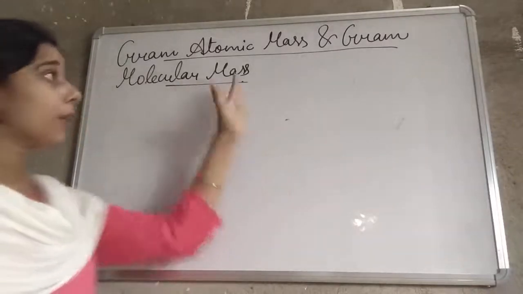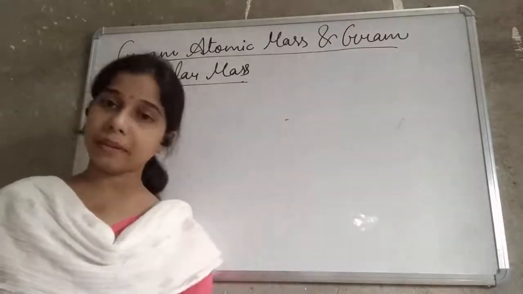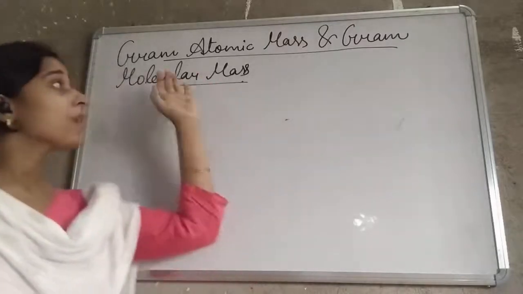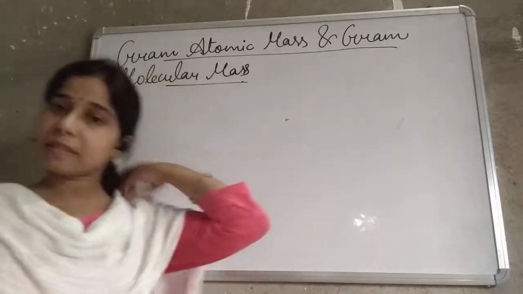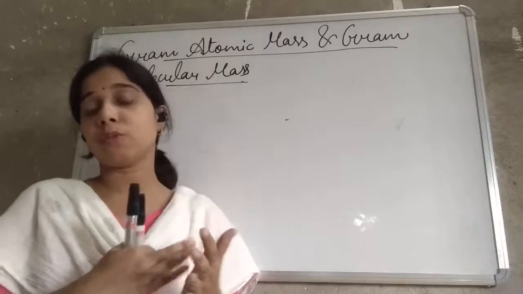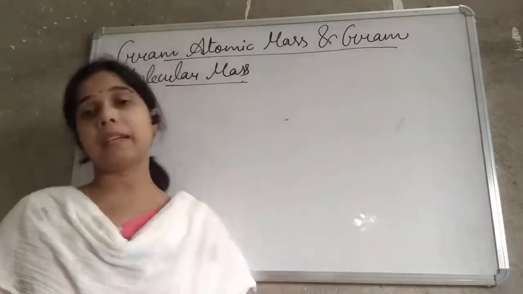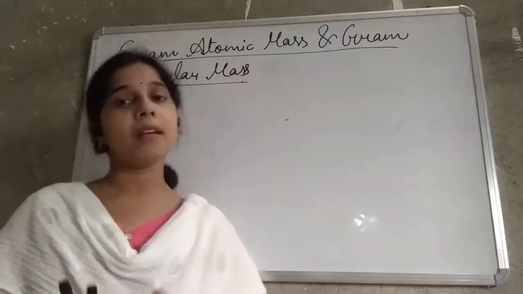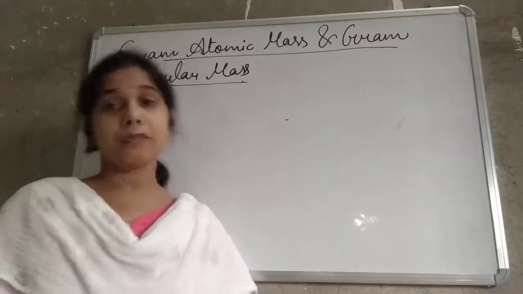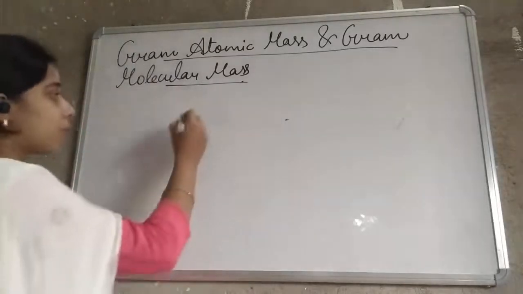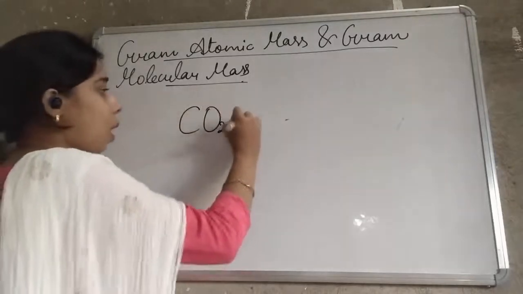So what is gram molecular mass? It is a quantity of molecules whose mass is represented in grams, and that is numerically equal to the molecular mass. Suppose we take an example of carbon dioxide.